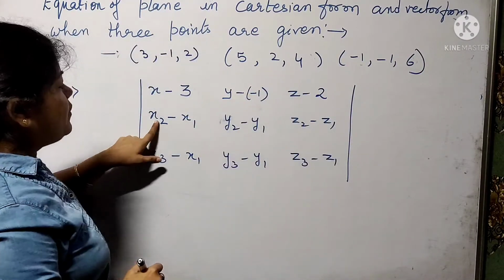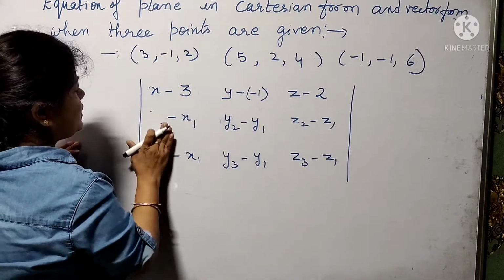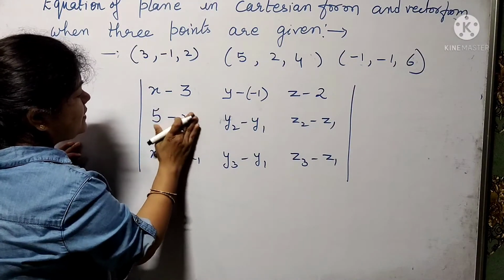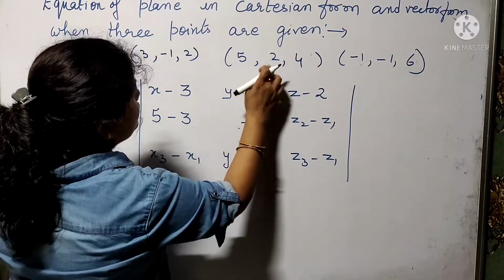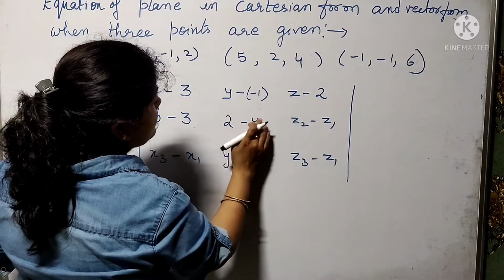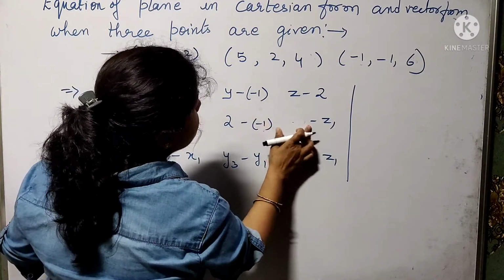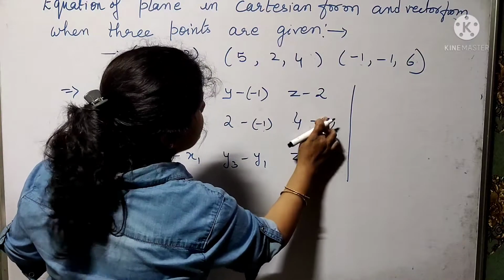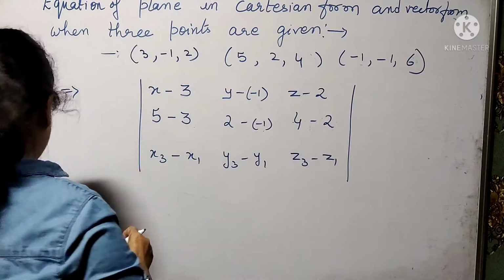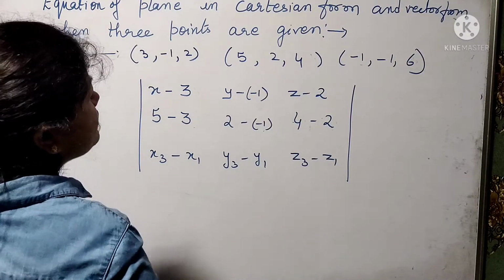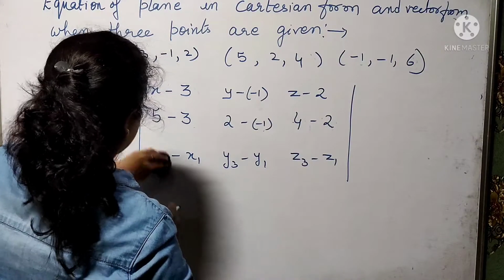Okay. Now x2 minus x1, this is x2, that is 5 minus 3. Now here we get y2, that is 2 minus 1. Similarly 4 minus 2. Now x3, what is the value of x3? The value of x3 is minus 1.